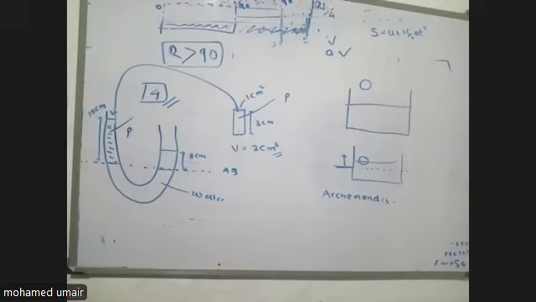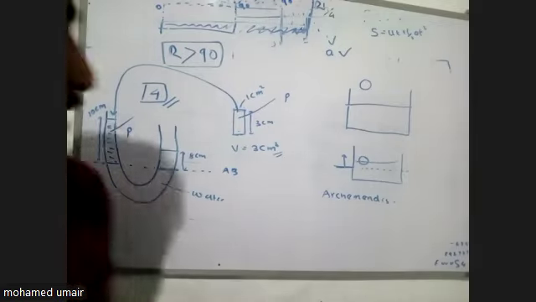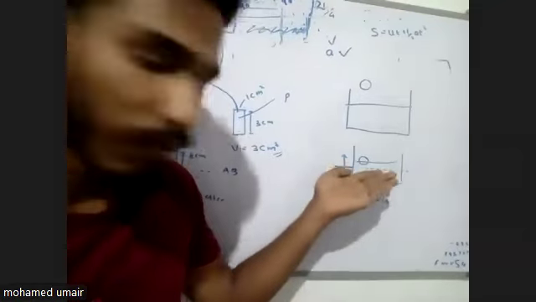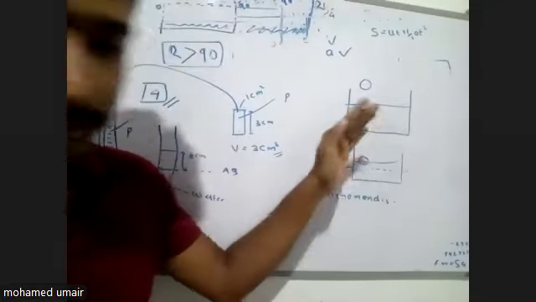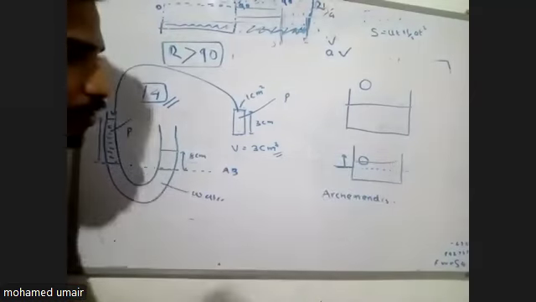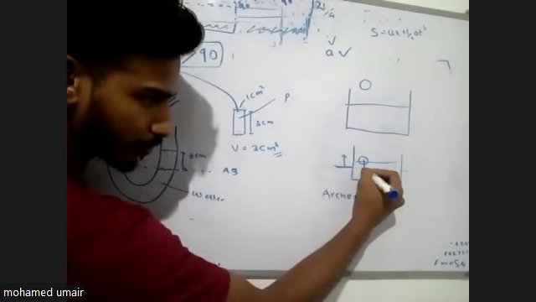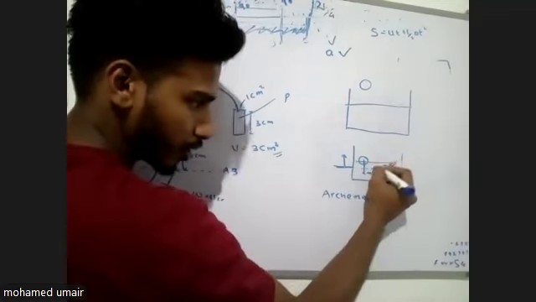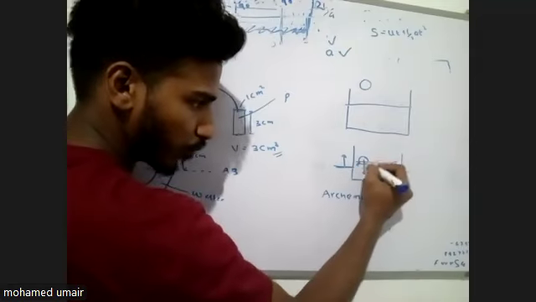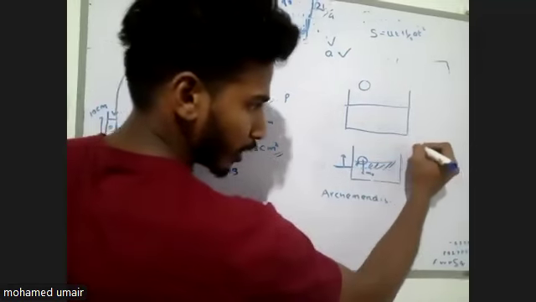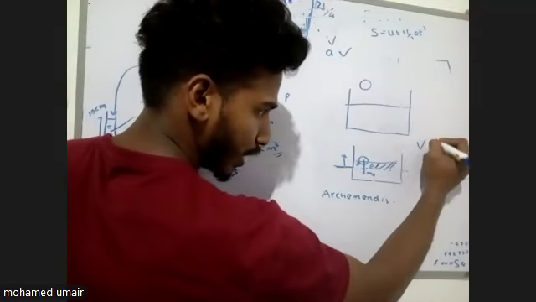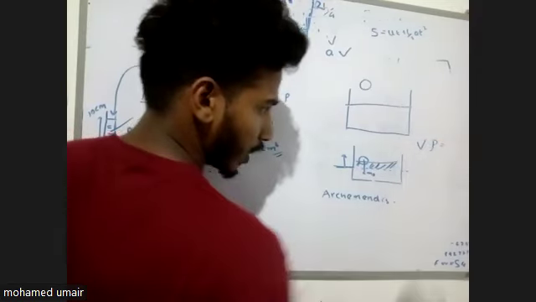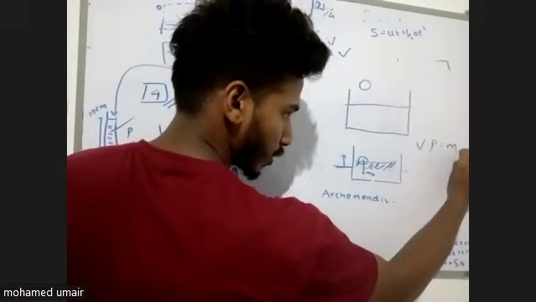Exactly. If you just look at the theory, the weight of water displaced is equal to the weight of the object. So how are you going to find the weight? This will be the displaced volume. Displaced volume into density will get you the amount of water displaced.